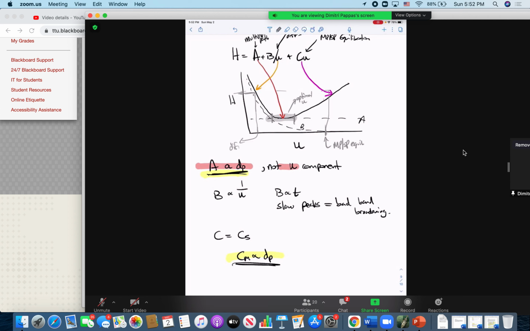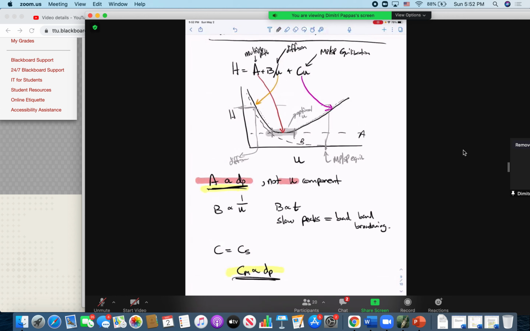So if I go faster, because this is a slow flow rate, the diffusion doesn't become as big of a deal, and then multiple paths is the major part of the term. And as I go faster, I start to leave behind my material in the stationary phase, which makes my band broadening bad again. So this is the Van Deemter curve and how it changes.